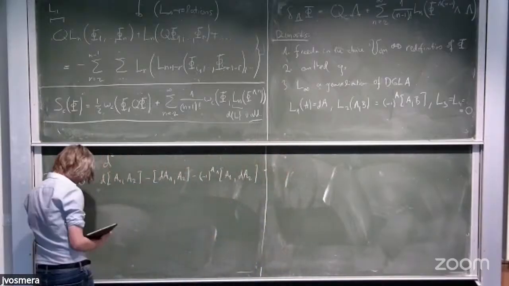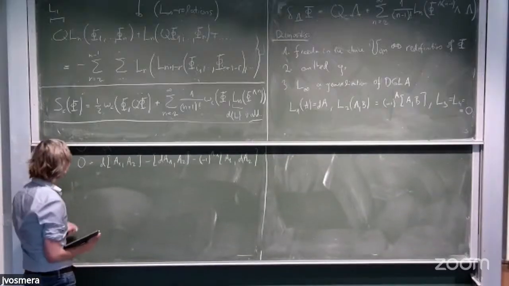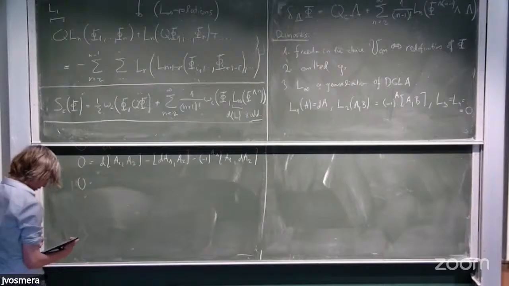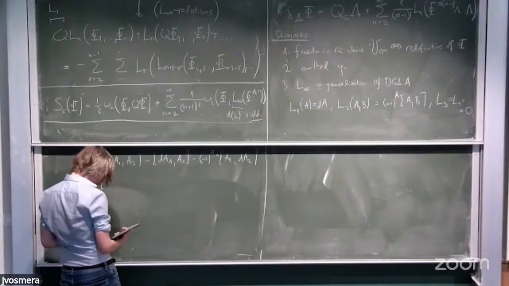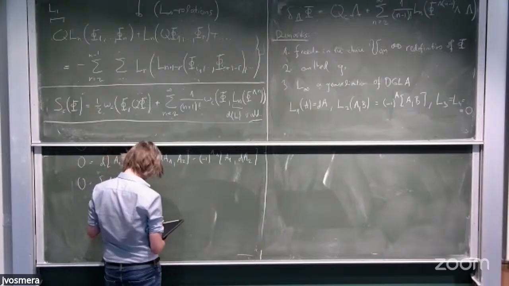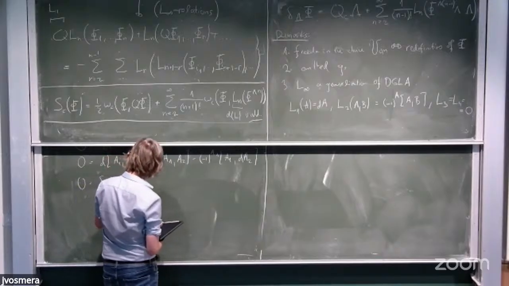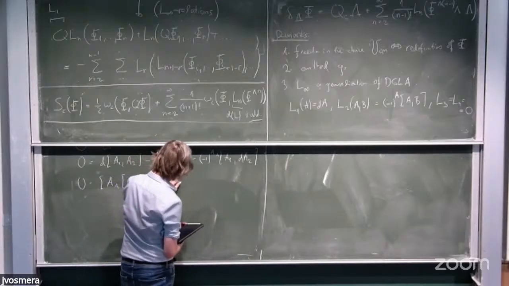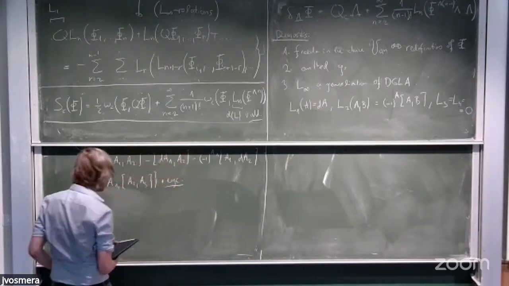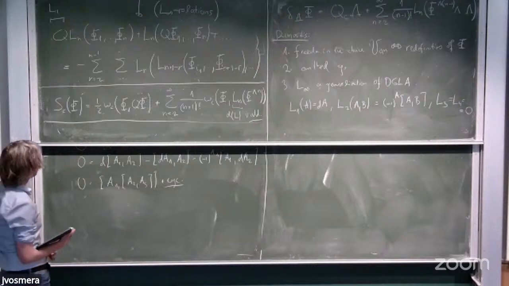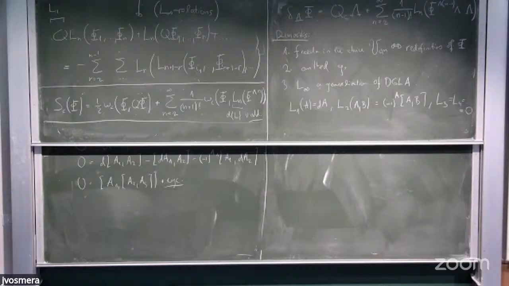And if you set n equal to 3 in these infinite relations, you will just obtain the Jacobi identity for these two brackets.